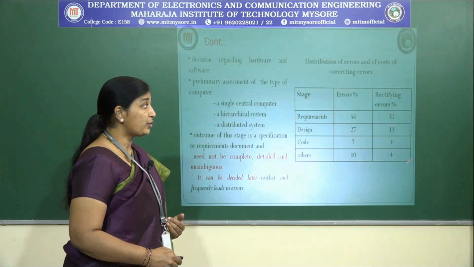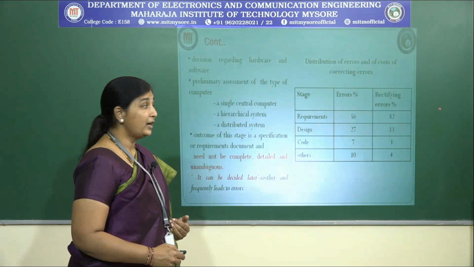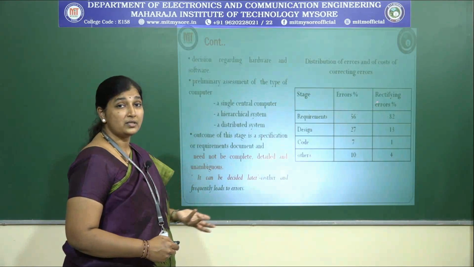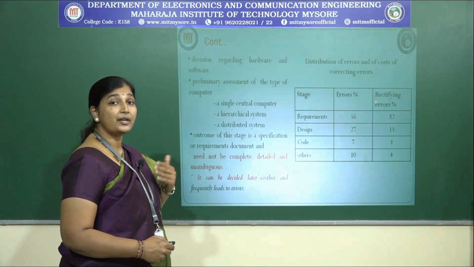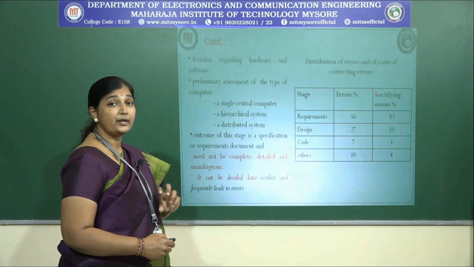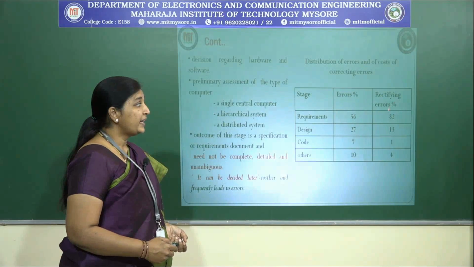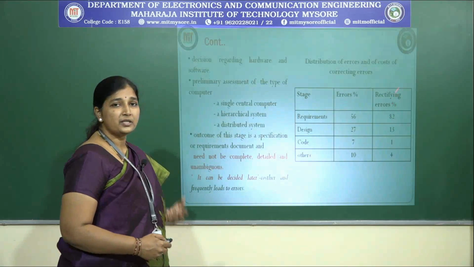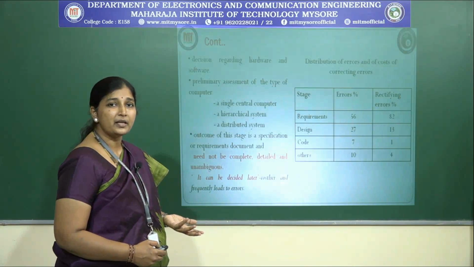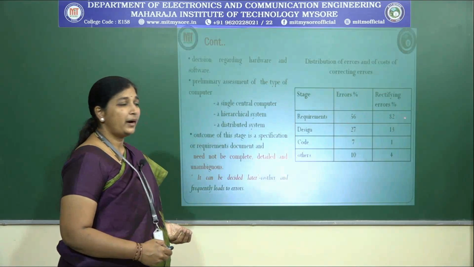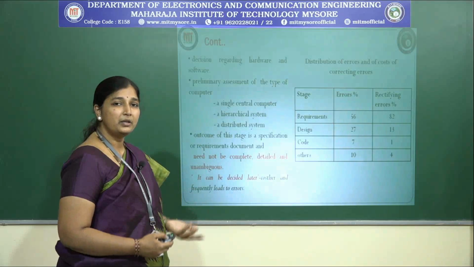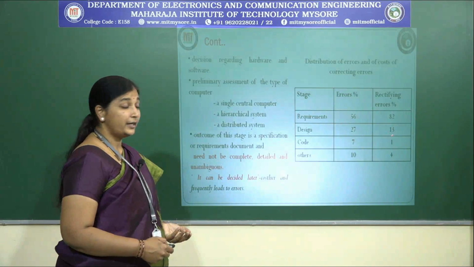So if you're trying to rectify the errors, okay, if you are adding on some processor, some other hardware units, or you're trying to change the entire software module, what will happen? It might give you about an 82% hike. So what is happening there? The cost which is required will be double to get this 82%.